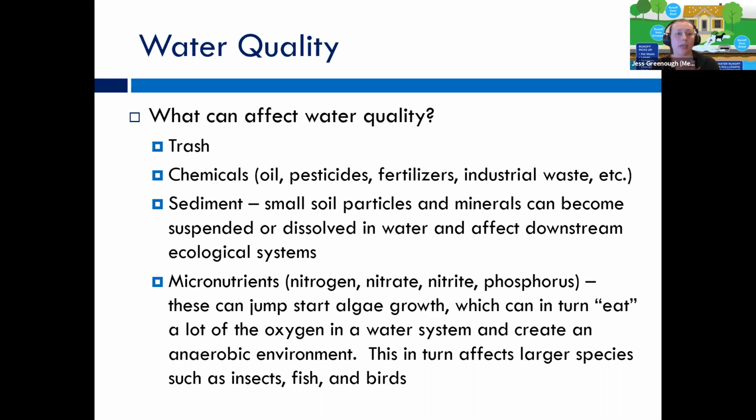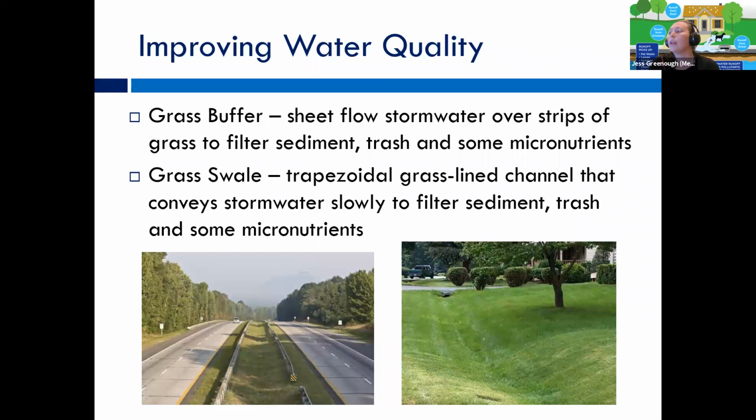If those go into an ecological system, it can cause algae growth. And then the algae will start eating so much of the oxygen in the system that it turns it into an anaerobic environment, and it can start killing off your insects, your fish, and that can in turn affect larger species like birds and other species that are eating those fish and insects. So it can really wreak havoc on an entire environmental system if we're not taking care of the water.